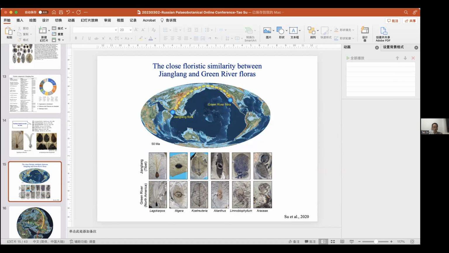I think the main reason is the growth of the Tibetan plateau.